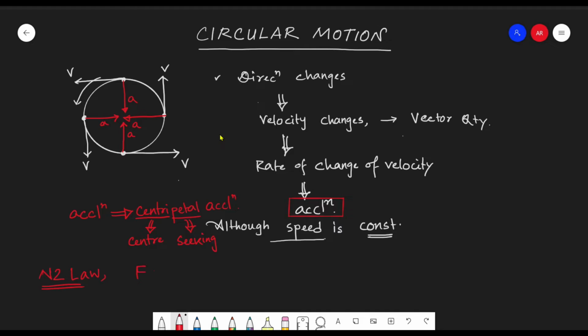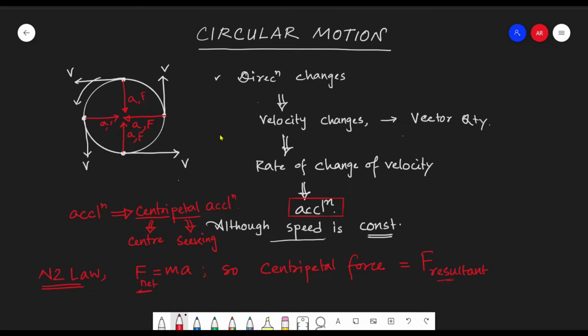Now you know Newton's second law, that the resultant force F net is equal to mass times acceleration. With this formula we can relate that acceleration must be acting in the direction of the resultant force. And since the acceleration is acting towards the center, obviously the force that is causing the object to move around in a circular track is also acting towards the center.